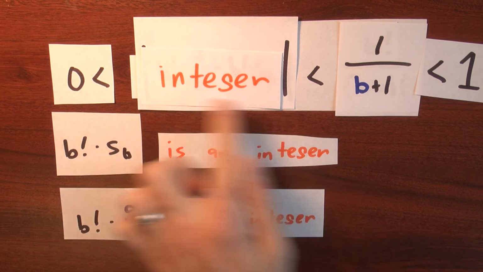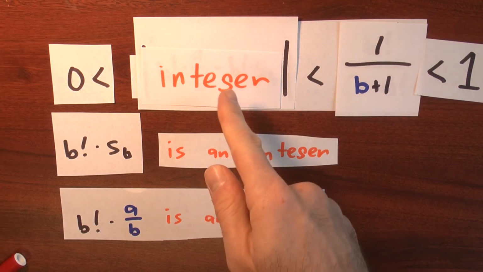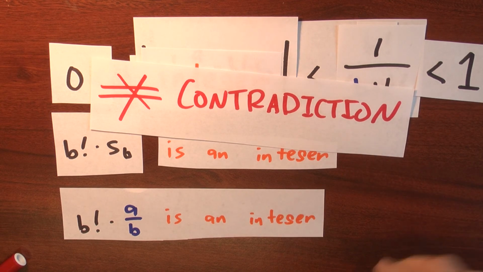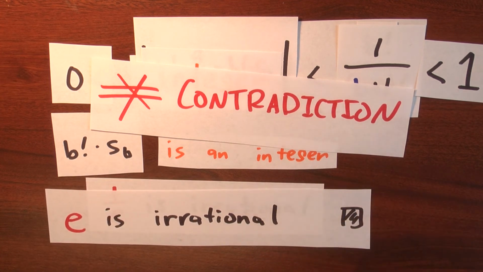That means that there's some integer which is between 0 and 1. But that is not true. Well, since there is no integer between 0 and 1, that's a contradiction. And consequently, it must be the case that 1 over e is irrational, and therefore e is irrational, which is what I wanted to show.